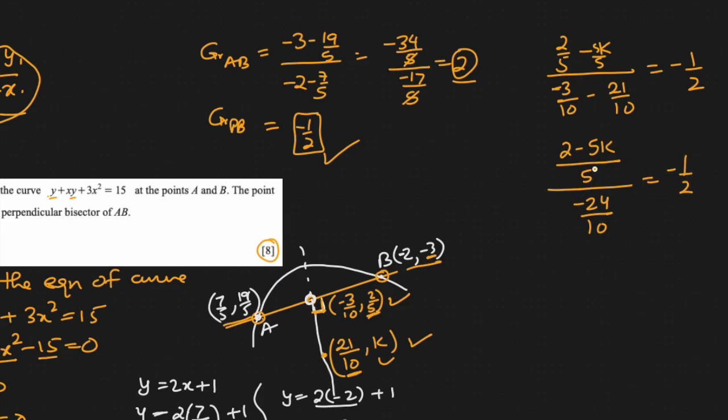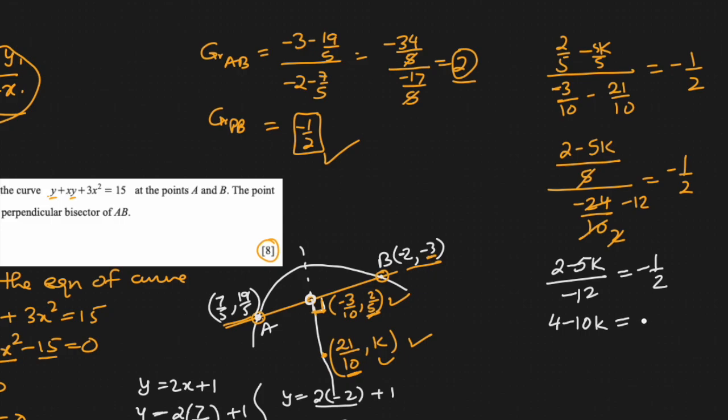Okay, can we cancel somehow? Yes, we can. 5 and 10 can cancel. And 24 and 2 will also cancel, minus 12. So now we have a pure fraction on both sides: 2 minus 5k on one side and minus 12 equal to minus half. Now let's cross multiply. 2 will multiply here, it will become 4 minus 10k.